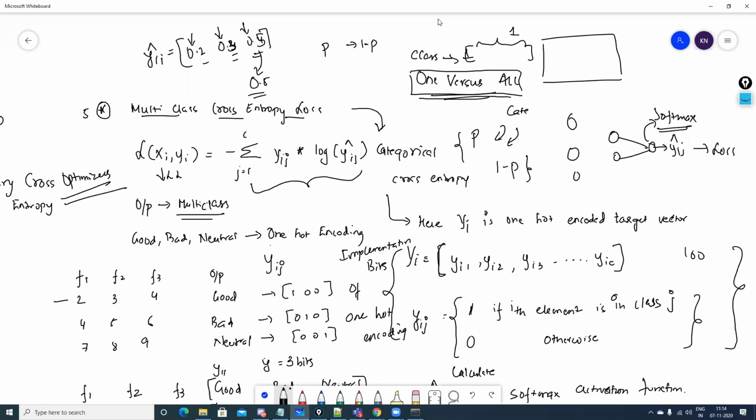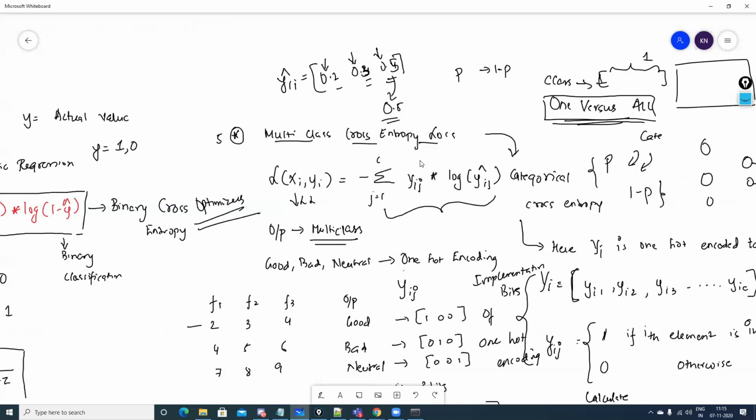For multi-class cross entropy, can I explain the formula and you verify whether my understanding is correct? As per the formula, let's say yij is your true value. If it is 1, and I put the log of the probability, if my probability is high, I will get a high negative value.